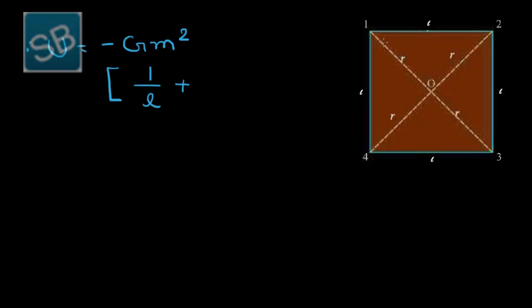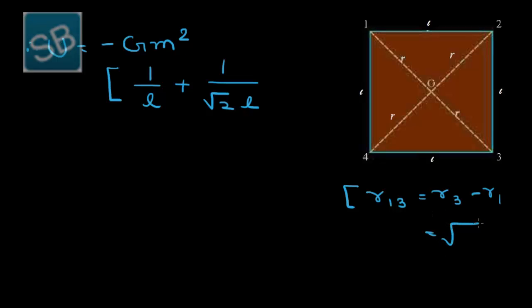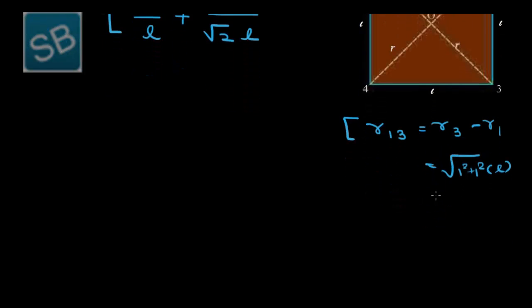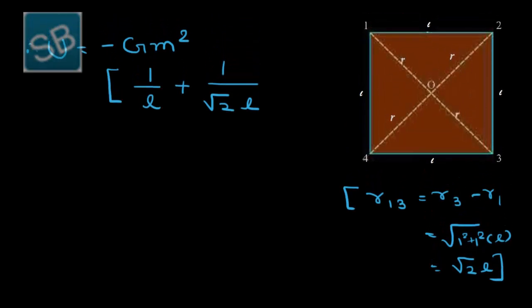So it is r3 minus r1. And finally the answer is root 2 L. And from where does it come? I am giving you. r13 is equal to r3 minus r1, which you consider this way: under root 1 square plus 1 square, into L common. So it is under root 2 into L. So similarly r13 has been obtained.